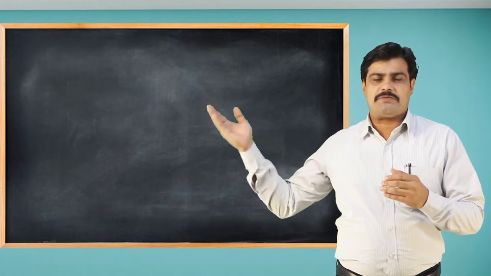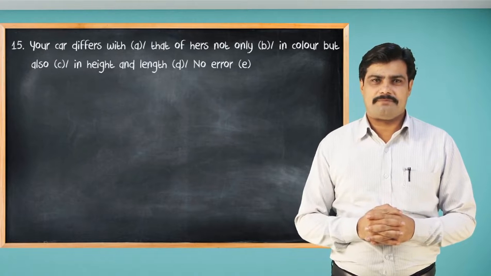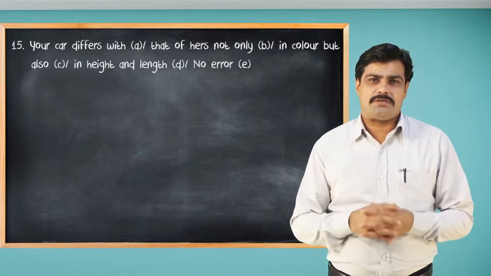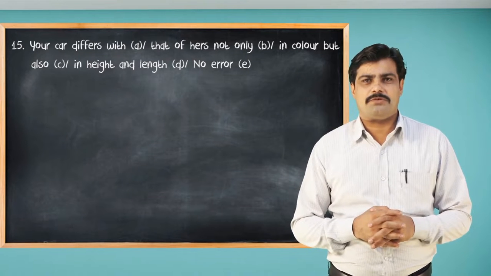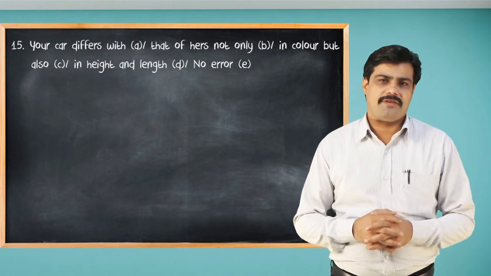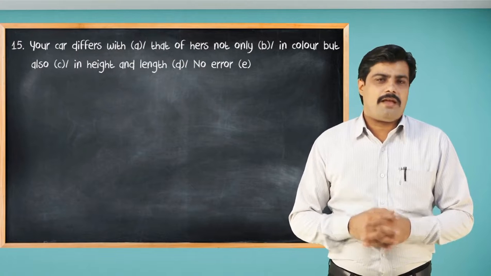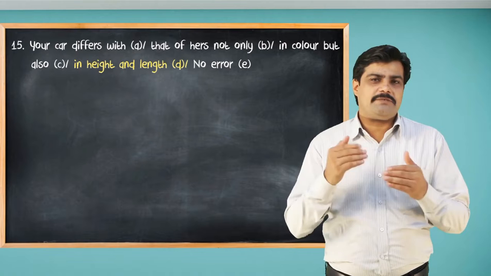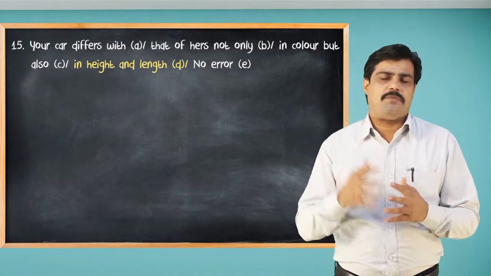Now let's see these 5 sentences on the screen. Your car differs with that of hers, not only in color but also in height and length. Here in this sentence, part D is wrong. Erase the preposition with and use from.